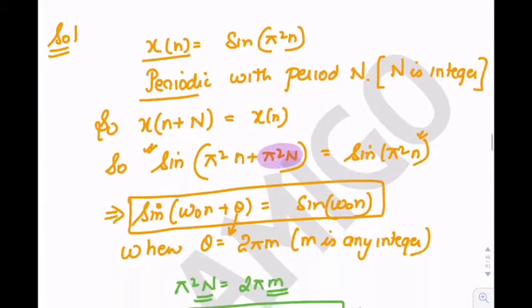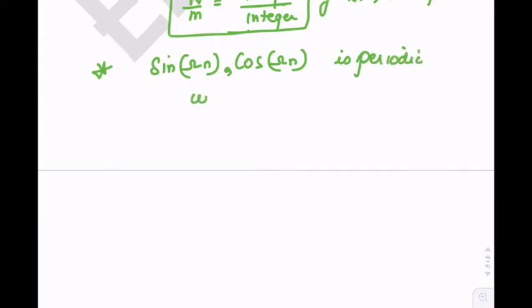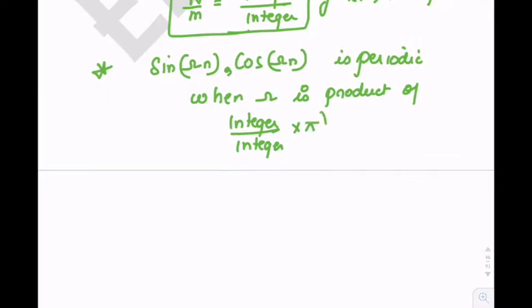One more thing, as I have told you in the previous part of the lecture series, sin(sigma n) or cos(sigma n) is periodic when sigma is a product of a ratio which is integer upon integer multiplied by pi.